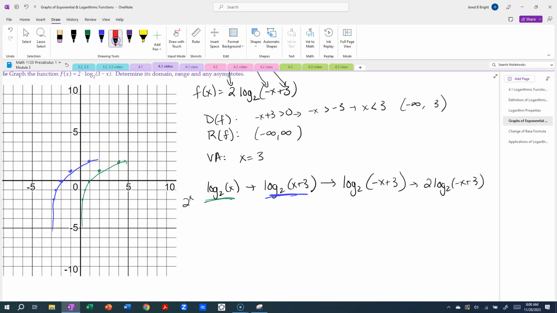Next, I'm going to do red, which is the horizontal scaling by negative 1, or horizontal reflection. So this would go there, that goes there, there, and then there and there. So that's in red.